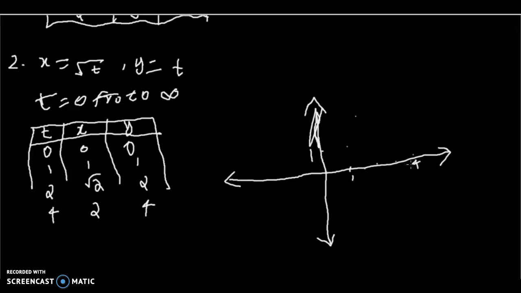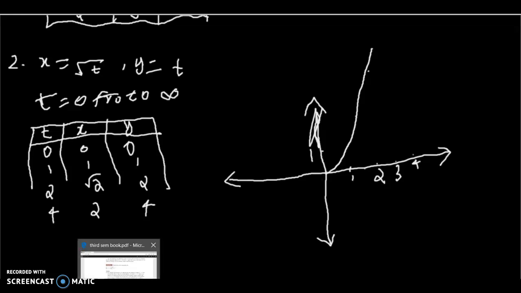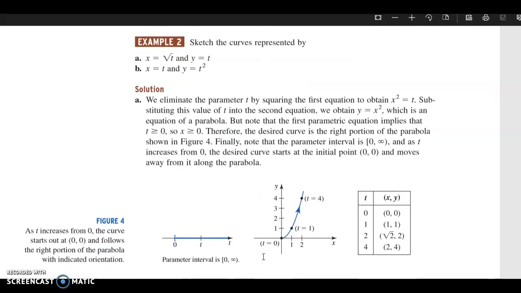Next is 2, 4. This is 2, this is 3, and corresponding to 2 the pair is 4. 4 is here, and so on. 3 is root 3, and it goes on like that. So our graph will be of this form. This is the graph.